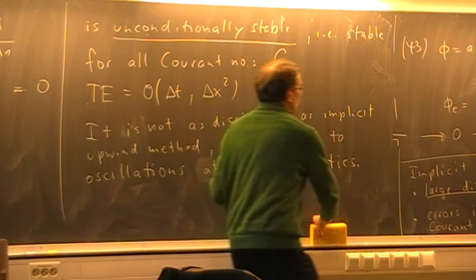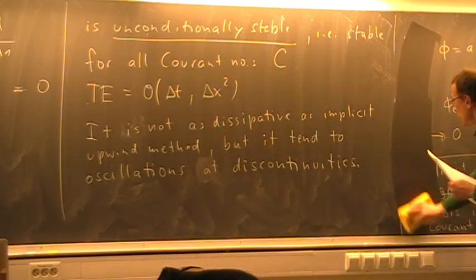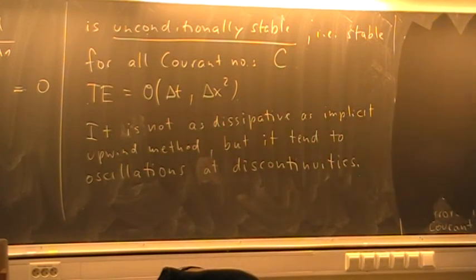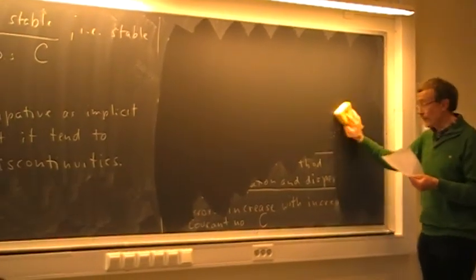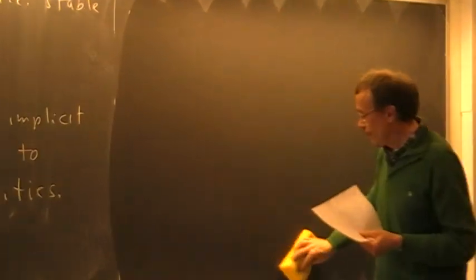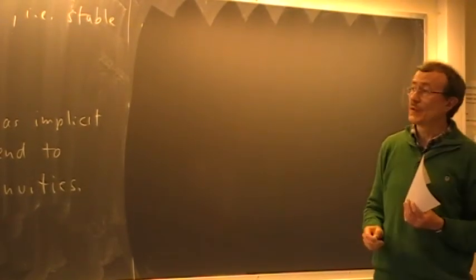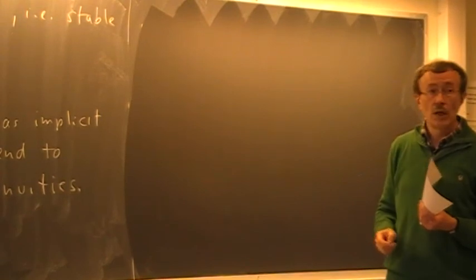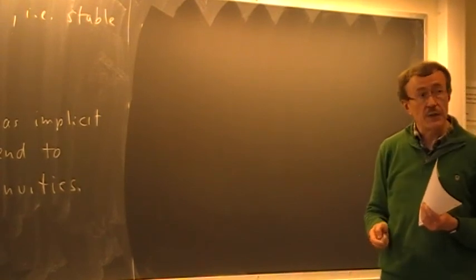The second remark is on an alternative to this. So here we used the central differencing in space and the implicit Euler method in time. But there is a class of methods where we also use central differencing in space, but we use the trapezoidal method in time.